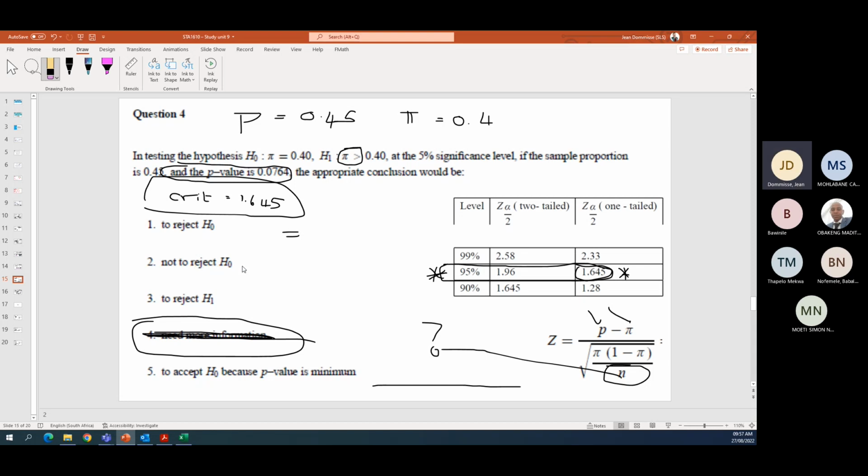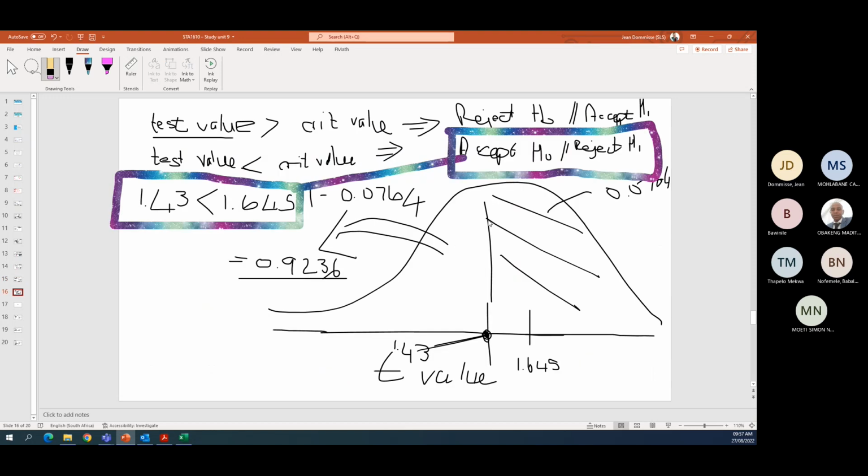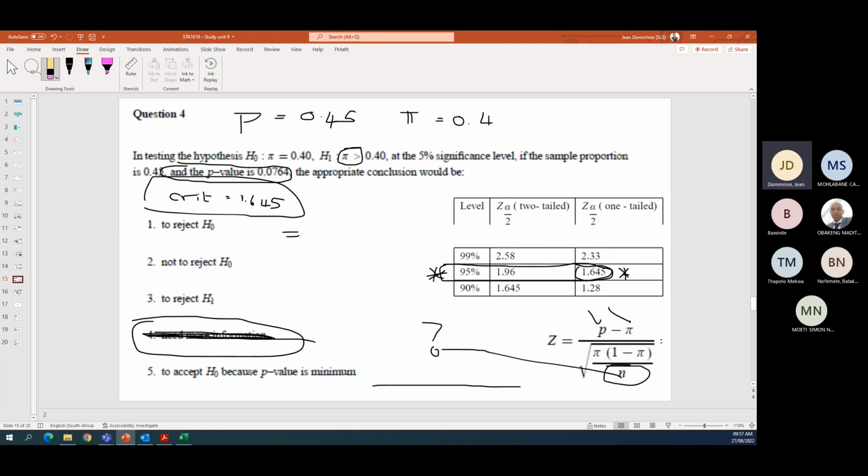Not to reject the null hypothesis is accepting the null hypothesis. So here again is a mistake, because those two are exactly the same. If you do not reject the null hypothesis, you do reject the alternative hypothesis.